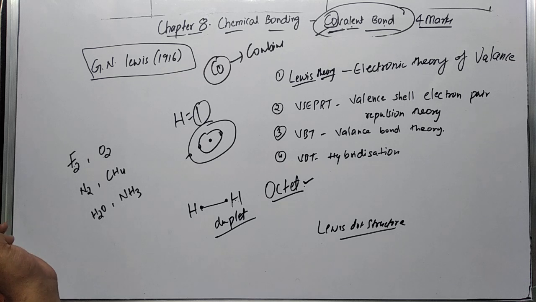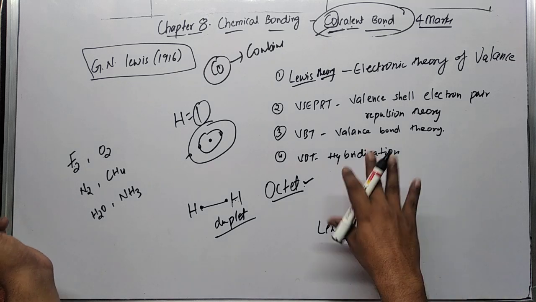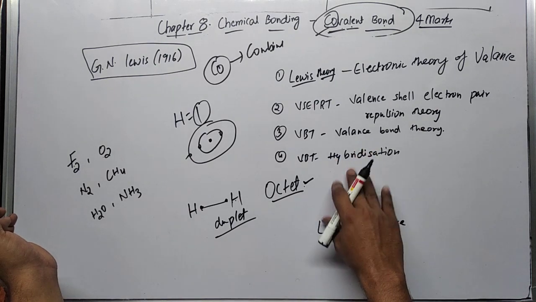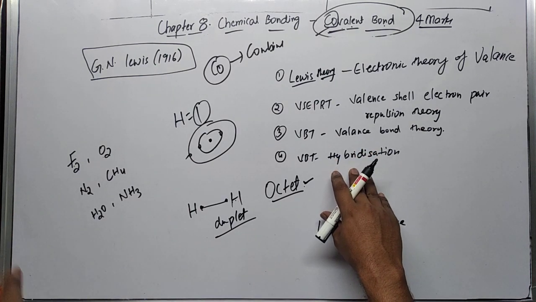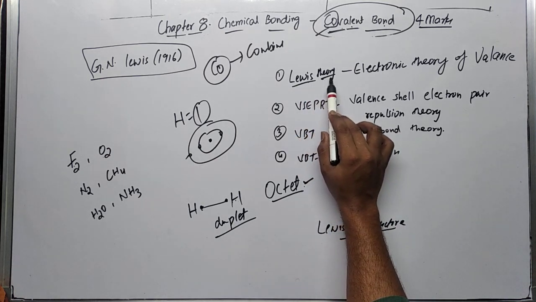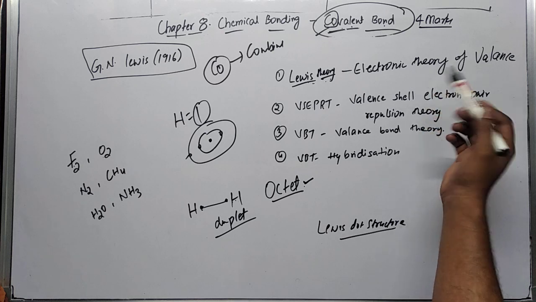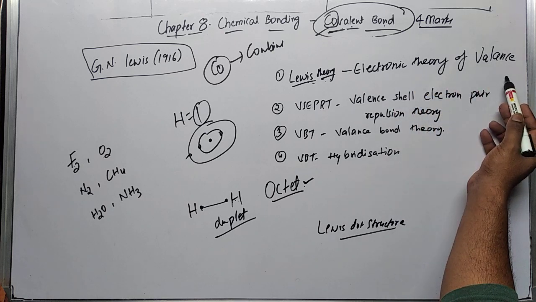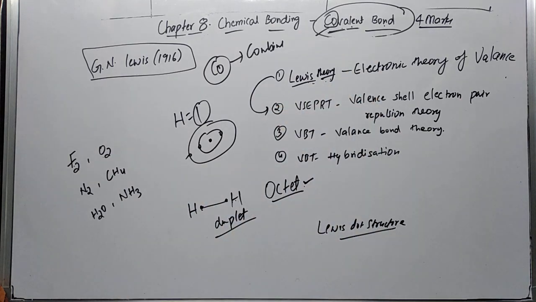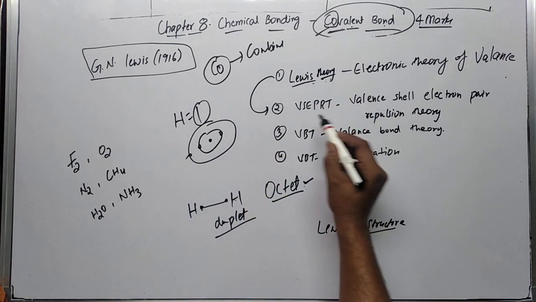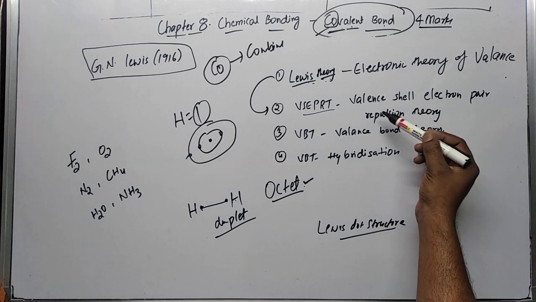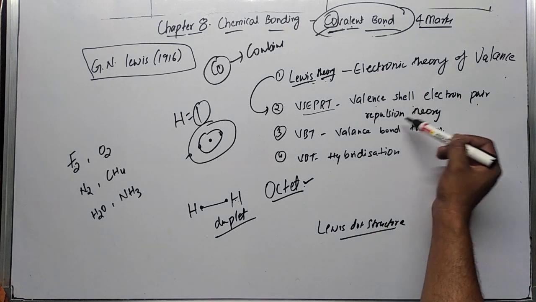So in this covalent bond we have 4 theories. Okay, total 4 topics ఉన్నాయి covalent bond లో. So చాలా important topics. First one is Lewis theory, which is nothing but the electron theory of valency. Second, there are some drawbacks of Lewis theory, so they introduced a new theory, which is the VSEPR theory, which means valence shell electron pair repulsion theory.